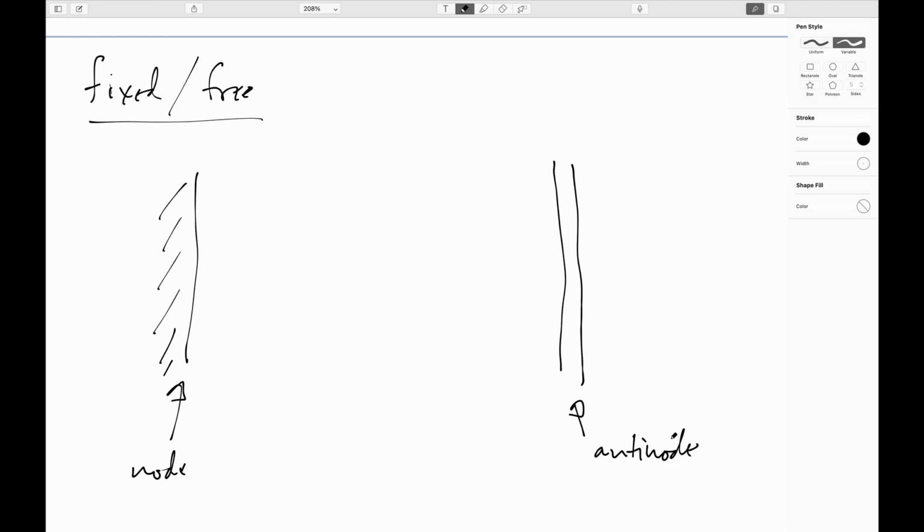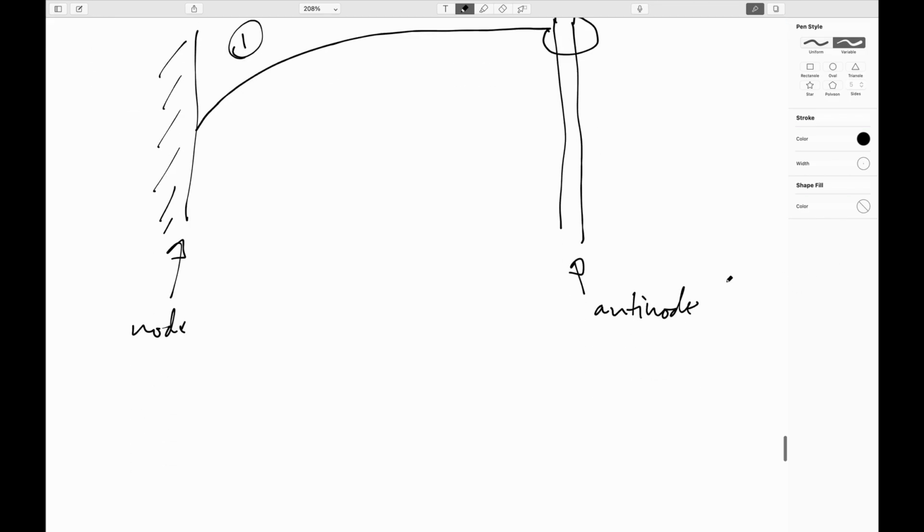Now let's start to think about what we can pack in. So here, the longest wavelength I can possibly think to pack in is going to actually be a quarter of a wavelength, half a loop. Just go straight from node to antinode, nothing in between. That would be half of a loop.